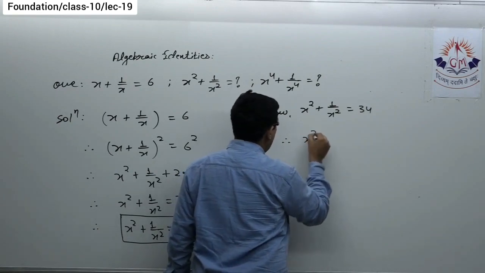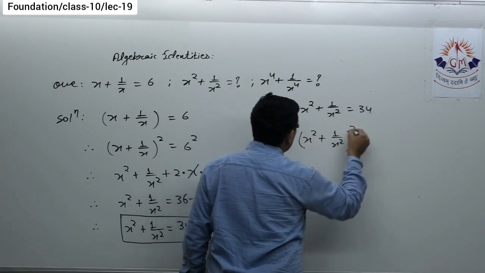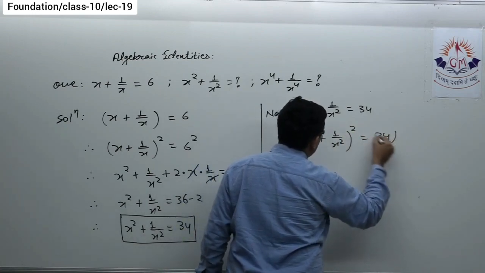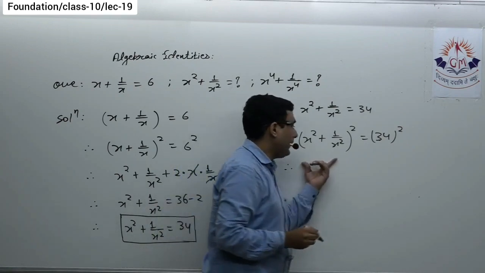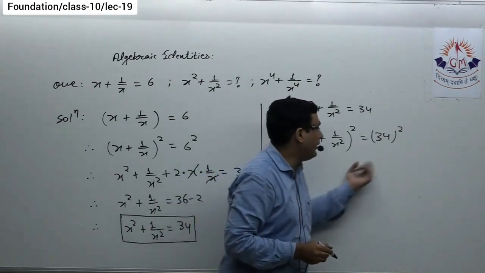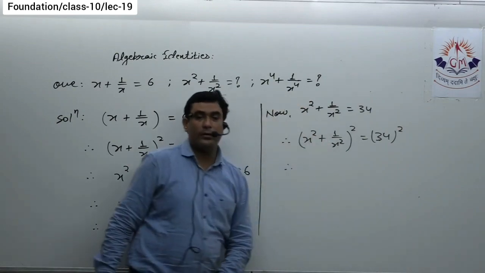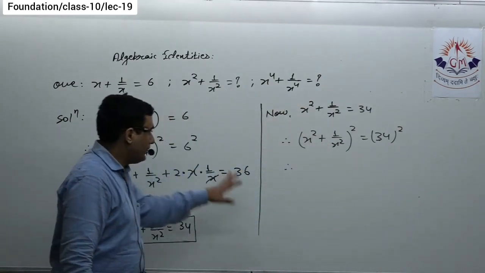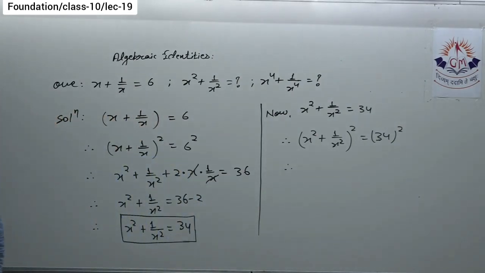Therefore, I can write x square plus 1 upon x square whole square is equal to 34 whole square. When you apply the identity of a plus b whole square over here and 34 square, you will get the value of x raised to 4 plus 1 upon x raised to 4. Try to solve it further and get the value of the required expression, then I will give you its final solution.